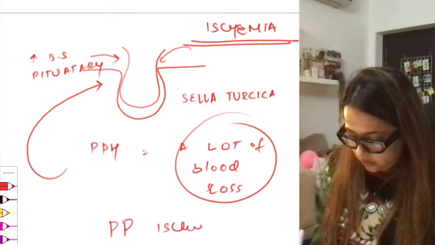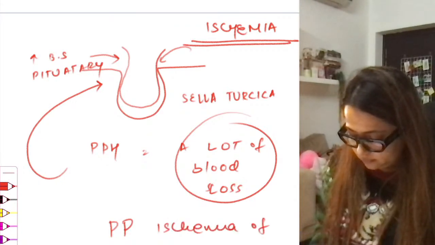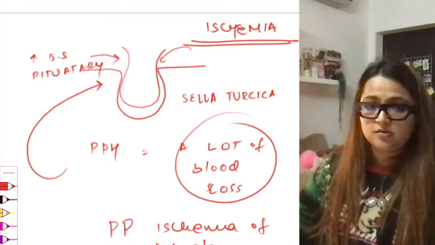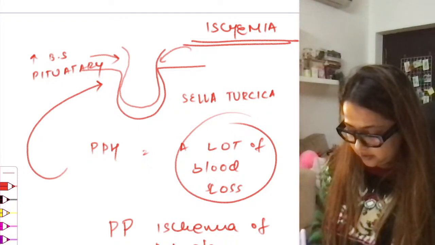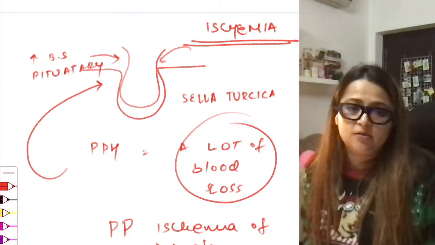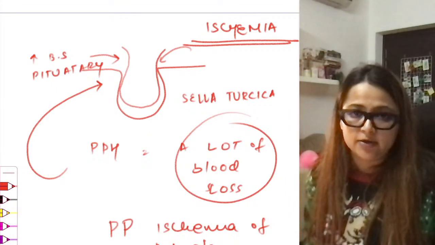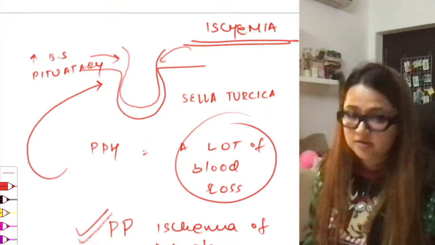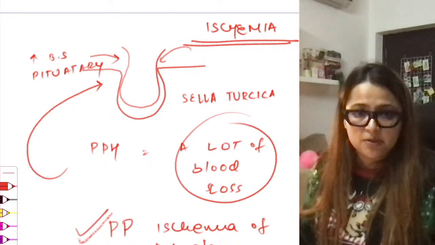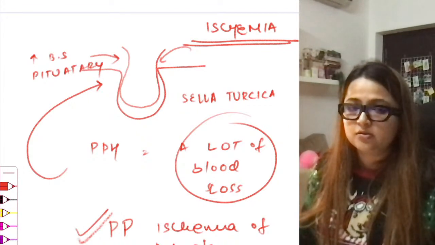Now guys, it's very clear that imagine if ischemia is prolonged, ultimately the result is necrosis. That is why you call Sheehan syndrome a postpartum ischemic necrosis of the pituitary gland.